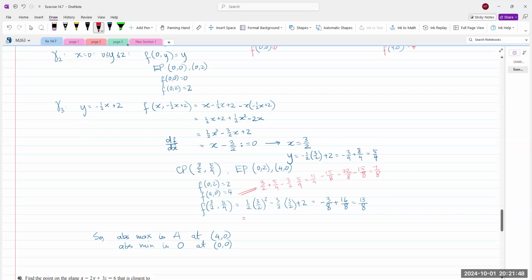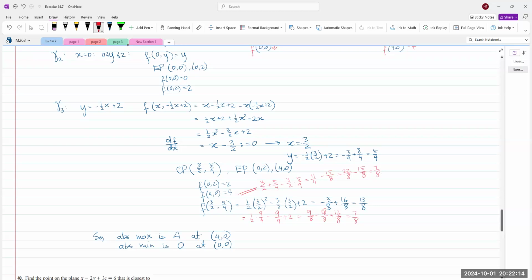Plug that in here, that's 1/2 times 9/4 minus 9/4 plus 2. That's 9/8 minus 18/8 plus 16/8. Oh, that's 7.